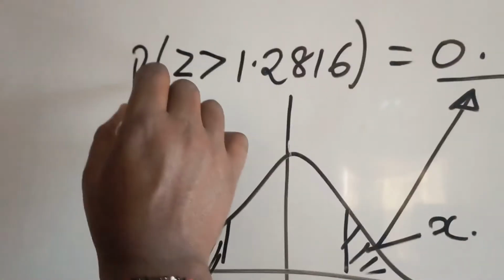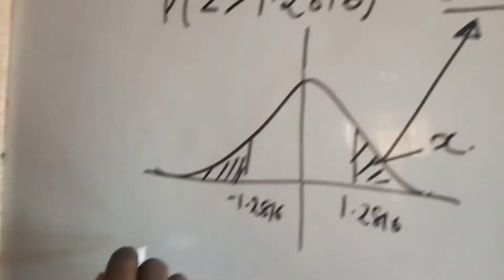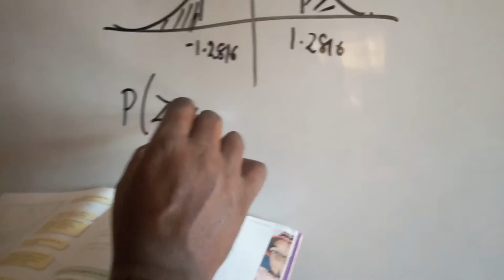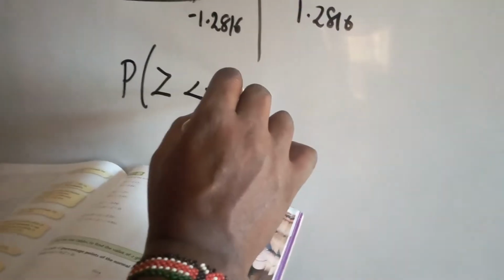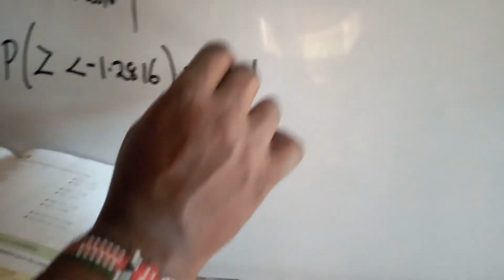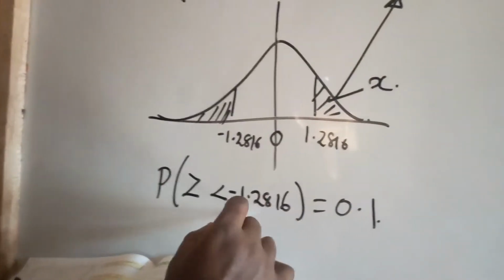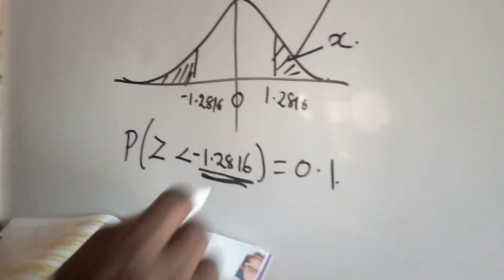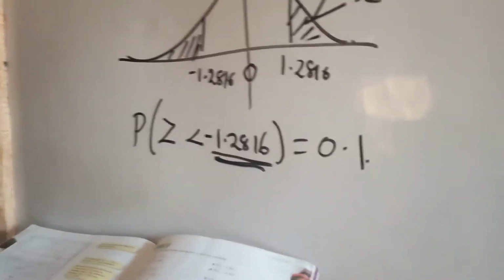Please note that if we have this, then it follows that the probability of z less than negative 1.2816 is also 0.1. Note that from 0 to the left, our values of z are negative by symmetry.